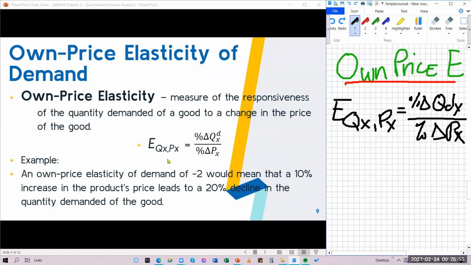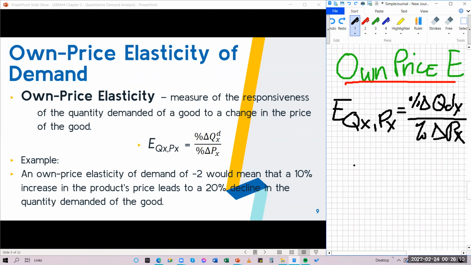So we have an example here. The own price elasticity of demand is -2. Would that mean that a 10% increase in the product price would lead to a 20% decline in the quantity demanded?